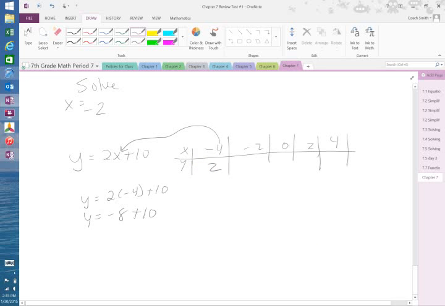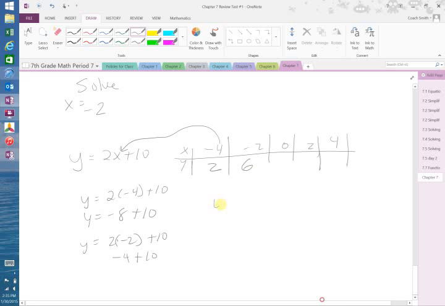Okay. You have 8 negatives, 10 positives. The negative and positives cancel each other out. You have 2 positives left. Then you have y equal 2 times -2 plus 10. So that's -4 plus 10. What is -4 plus 10? 6.